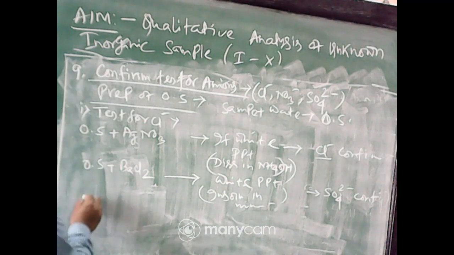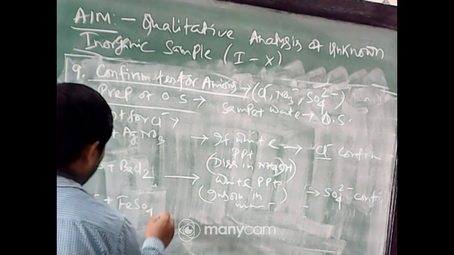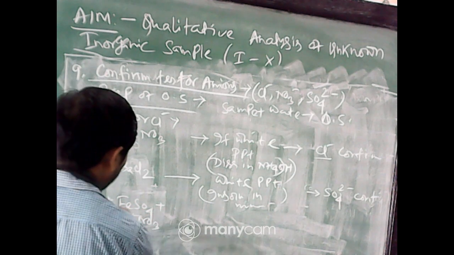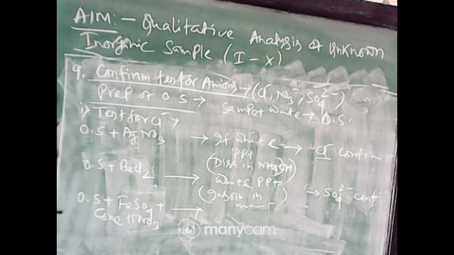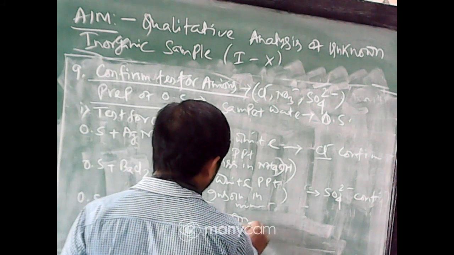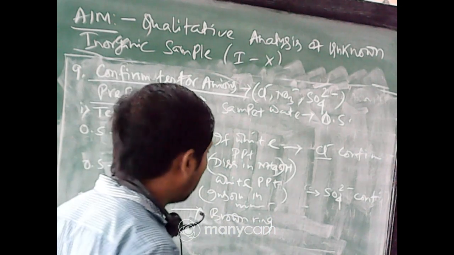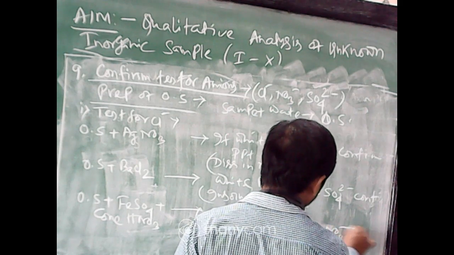After that, OS plus ferrous sulfate solution plus concentrated HNO3, this is called the ring test. If a brown ring forms, then it is nitrate. If no ring is formed, then it is absent. Nitrate present and confirmed.